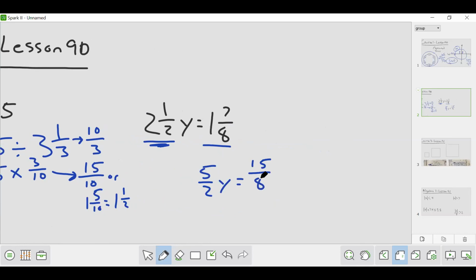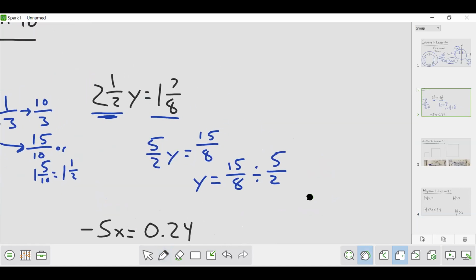And I'm going to need to divide each side by 5/2. There's another way to think of this as well, but I'm not going to confuse you. So I know that y is going to be equal to whatever 15/8 is divided by 5/2. All right?